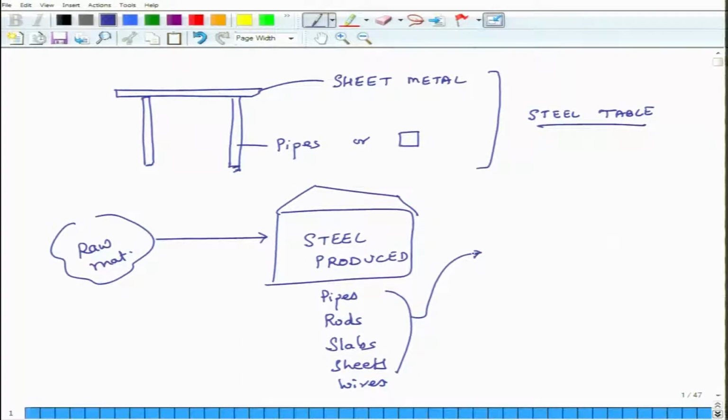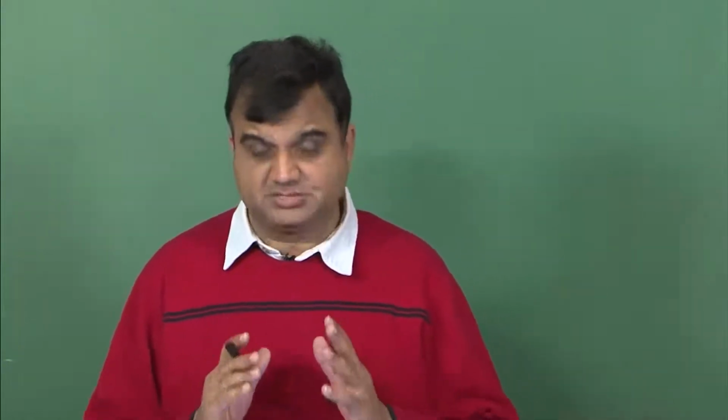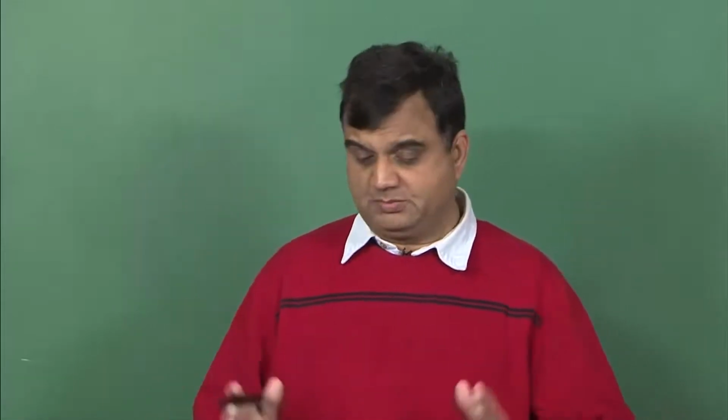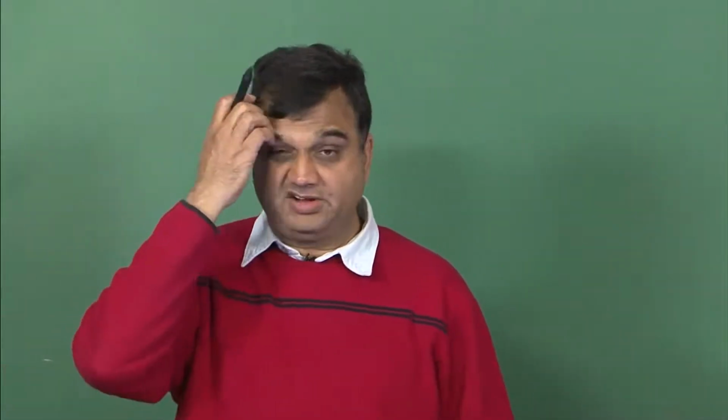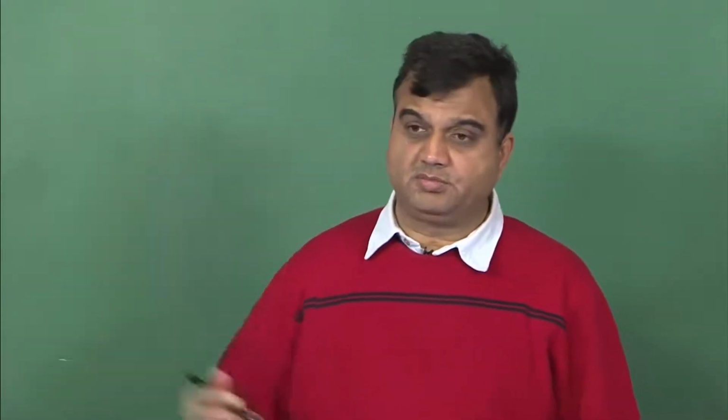So, in this case these materials go to the factory where the table is being produced. So, this goes to we will call it the table factory. So, raw materials get fabricated into standard forms, pipes, rolls, sheets, slabs, wires, and so on and so forth, and these simple shapes are then used in factories to make different components.